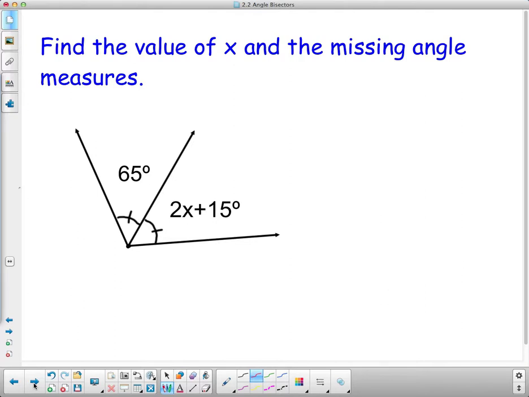Do the next sample problem up there. Find what x is and what the angles are.